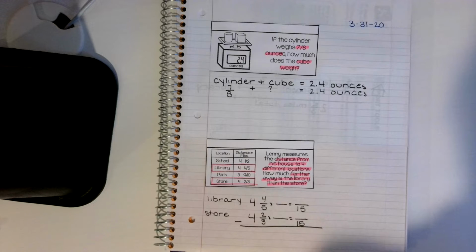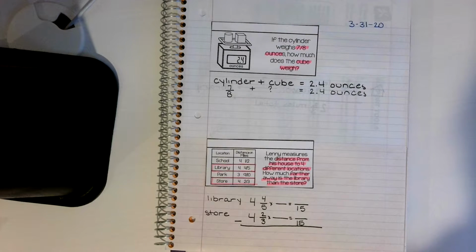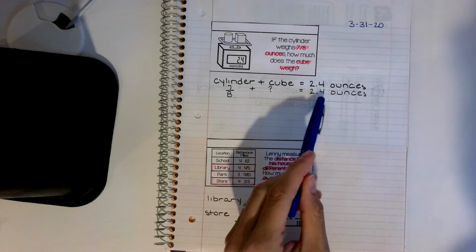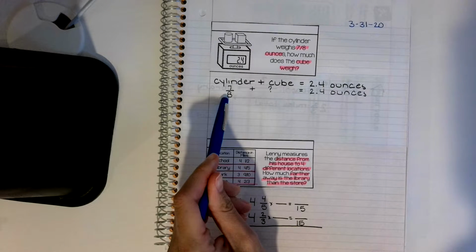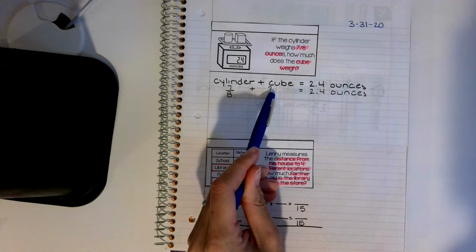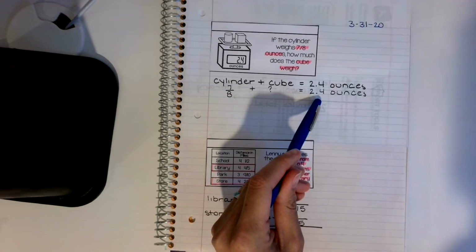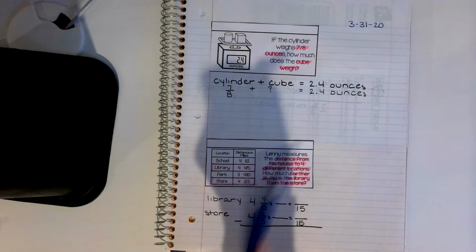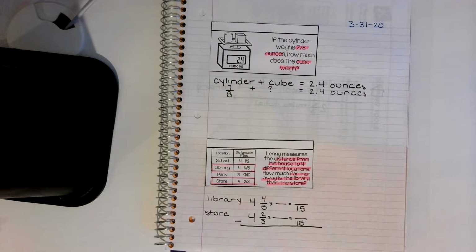Well, when I was looking at this, I understand that I need to take my answer and subtract this to get this answer. But this is a decimal. So let's think about that for a minute. When I say 2 4/10, what does that sound like? It sounds like a fraction.